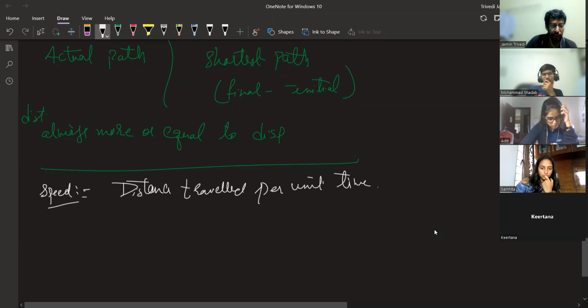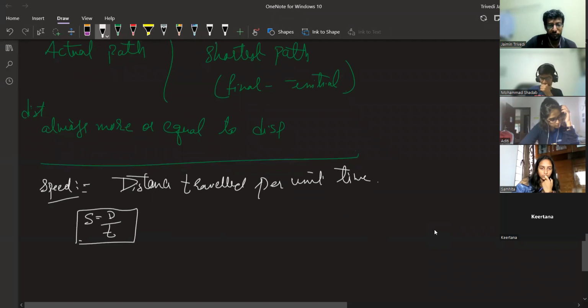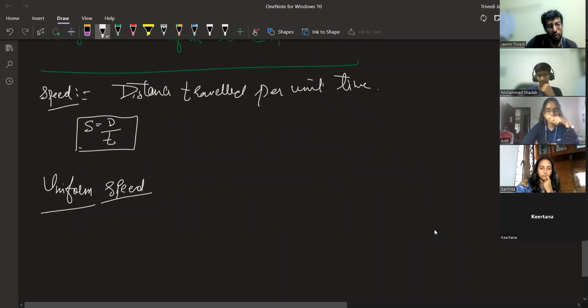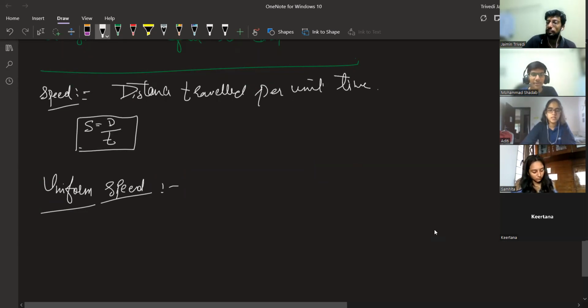So the formula will be speed equals distance by time. Uniform speed. What will be uniform speed? When an object maintains the same speed from initial to final point.